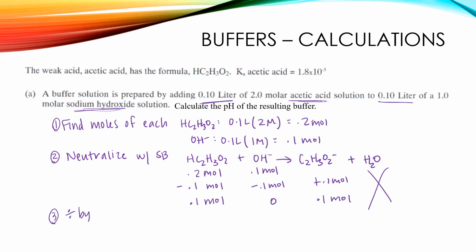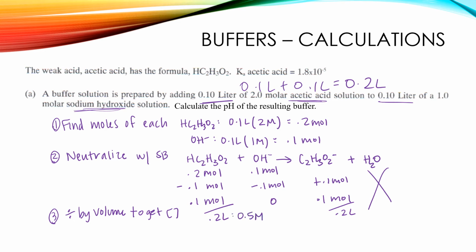So now I'm going to divide by volume to get the concentration. So my new volume is 0.1 liters plus 0.1 liters equals 0.2 liters. So I'm going to divide by 0.2 liters, which gives me 0.5 molar for both of them.